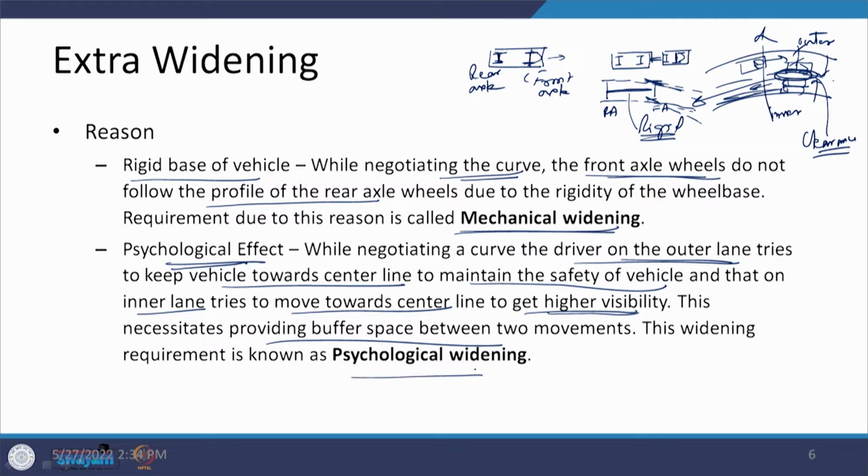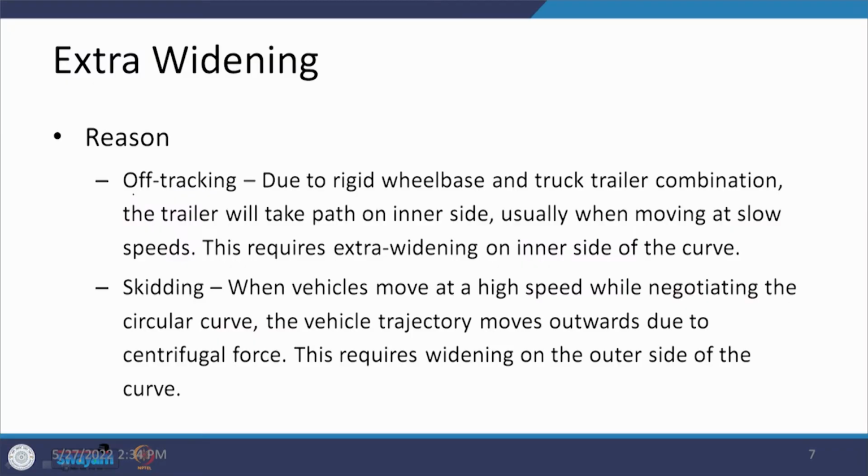So, these are the two types of widenings which are going to be there: mechanical widening, which comes out of the properties or characteristics of a vehicle in terms of its base, and psychological widening in terms of driving behavior.